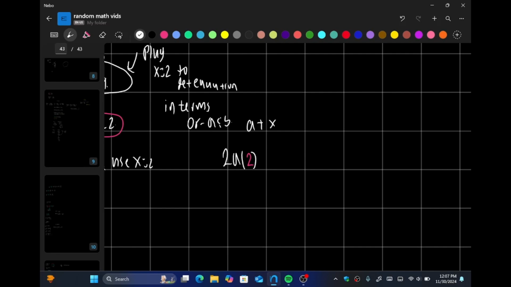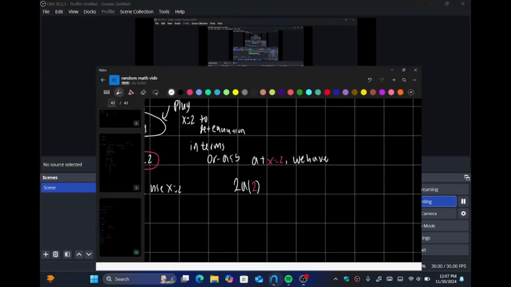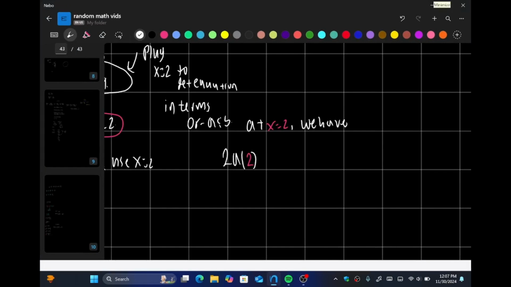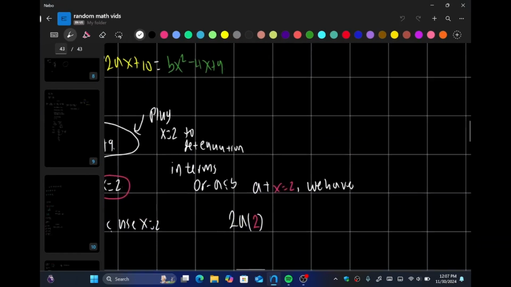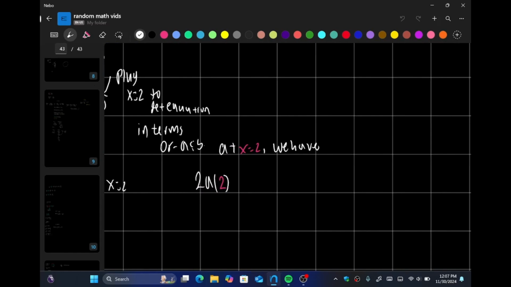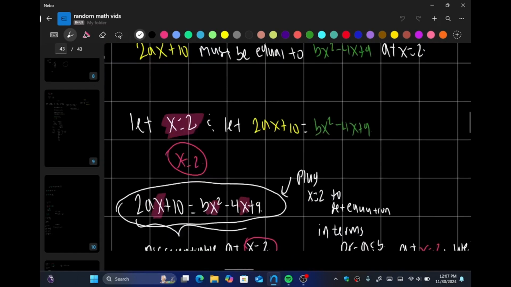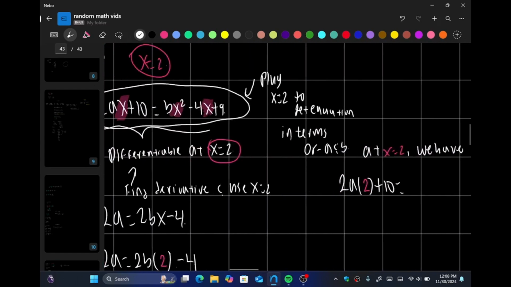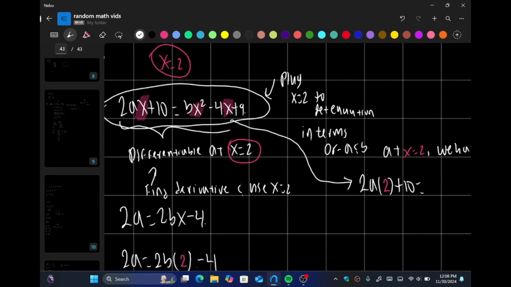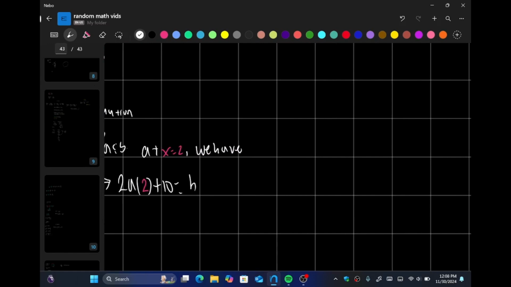So at x equals 2, we're going to have the following. Sorry, guys, hold on. Okay, so we have 2a times 2. Let me think here. 2a times 2 plus 10 equals, and we're using this formula, b times 2 squared.